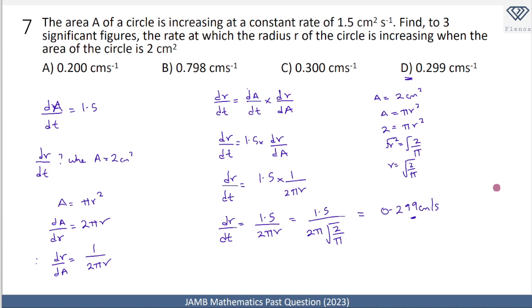Again, this is a question on the application of differentiation. So if you are not familiar with differentiation, I encourage you to watch my full tutorial video on differentiation, which I've included in the description. So moving on to the next question.